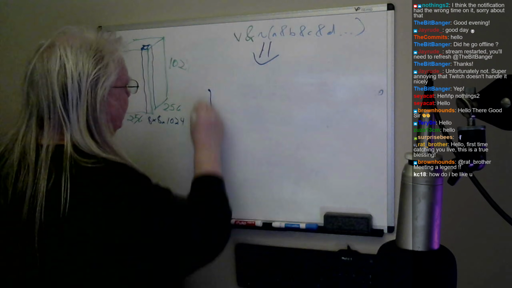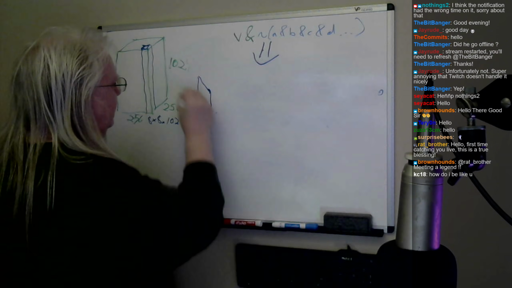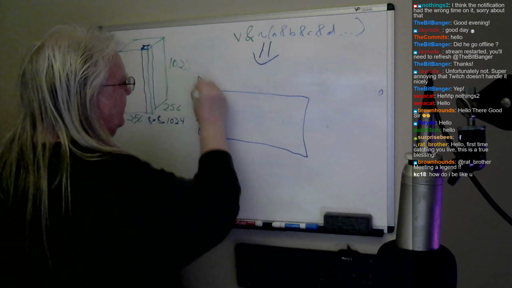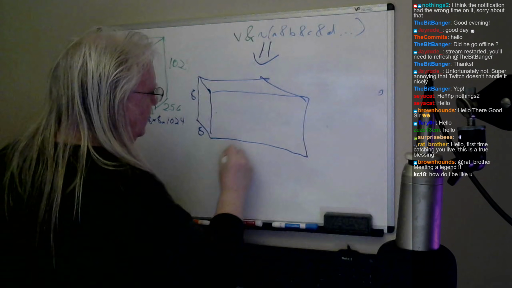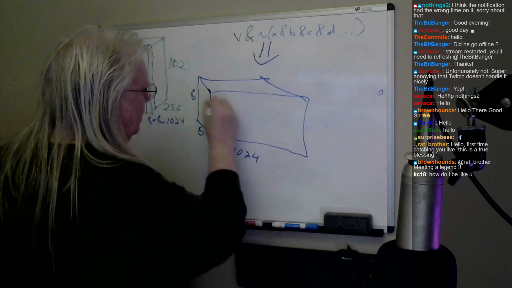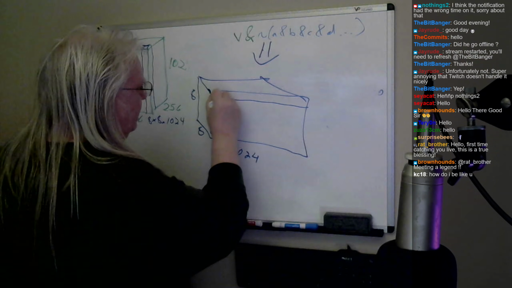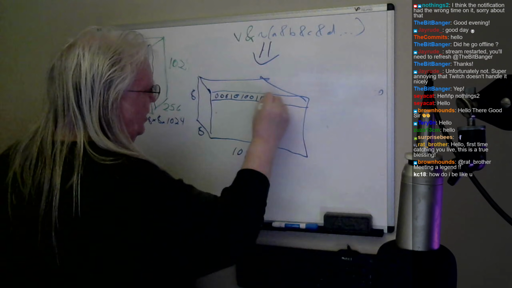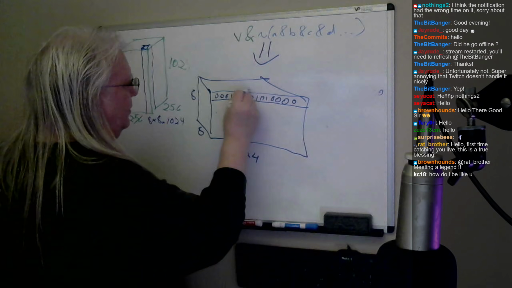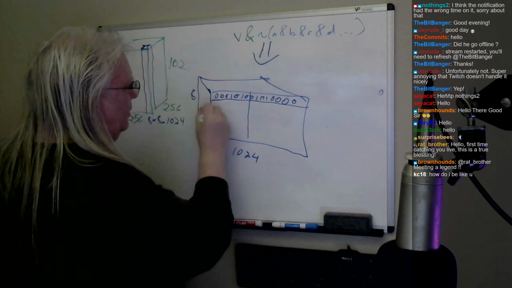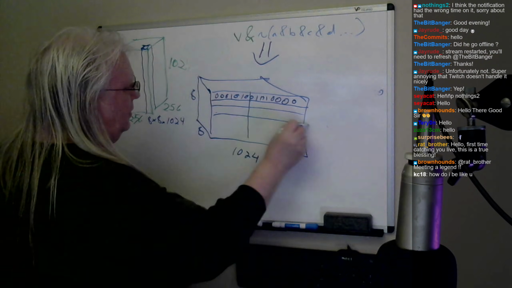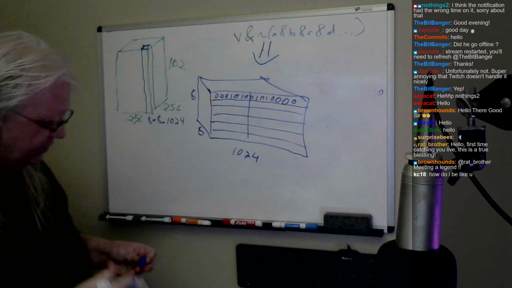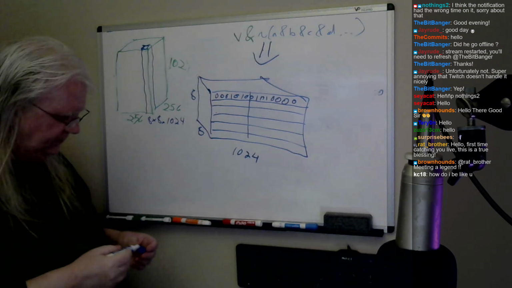so we've computed this 8 by 8 by 1024 grid of bits for where the voxels are that we want to desparsify.